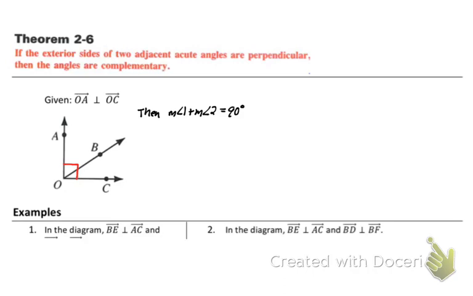So can you kind of see the proof that I did there? I didn't write it all out. But in short, I basically said because they're perpendicular, they form a 90-degree angle. Because they form a 90-degree angle, measure 1 plus measure 2 equals 90. Well, that must mean they're complementary because that's the definition of complementary. So I did a complete proof right there.